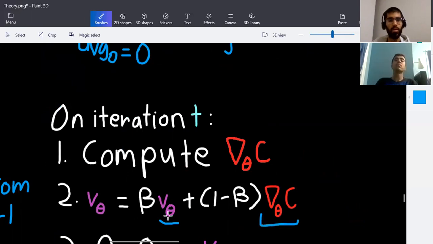So what that ends up doing is this old bit becomes bigger. It has a bigger influence on the average. This new bit has a smaller influence on the average.